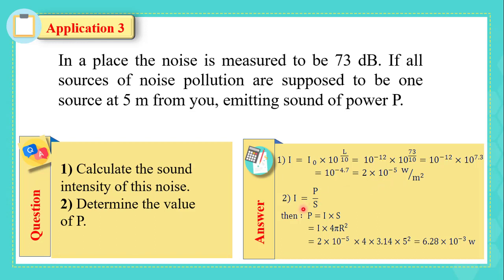For number 2, determining P, as we know I equals P over S, so P equals I times S. I is equal to 2 times 10 exponent minus 5, R is equal to 5 meter. Then we will get P equal to 6.28 times 10 exponent minus 3 watt.